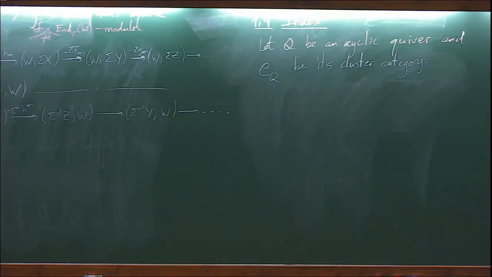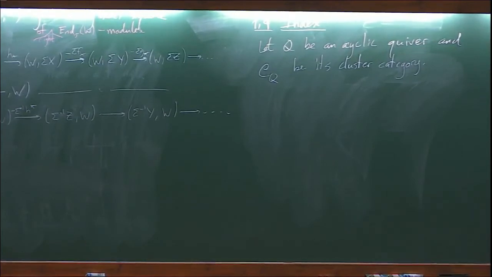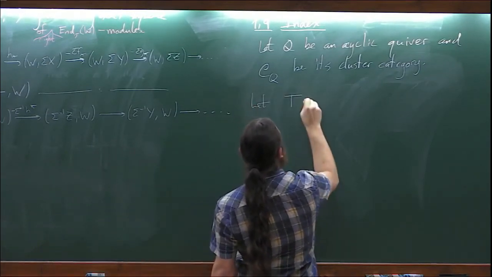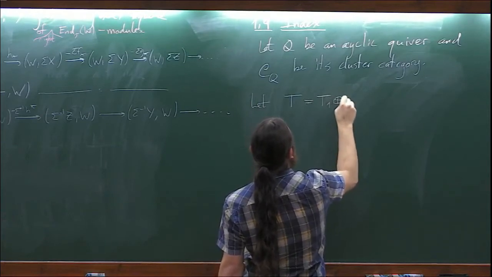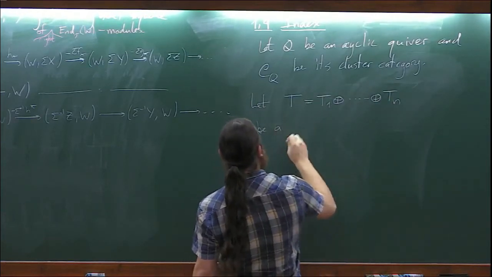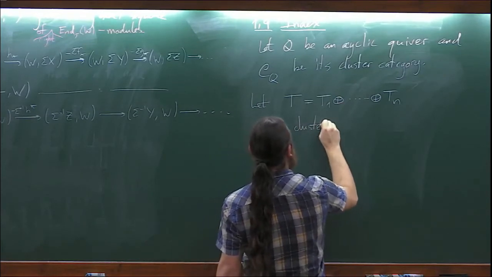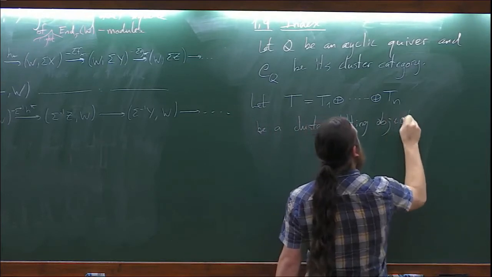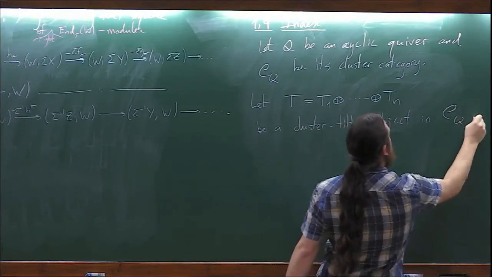And the analog of an initial seed inside the cluster category is an initial cluster tilting object. These were defined in Bernhard's lecture. So let T = T1 up to Tn be a cluster tilting object in C_Q.